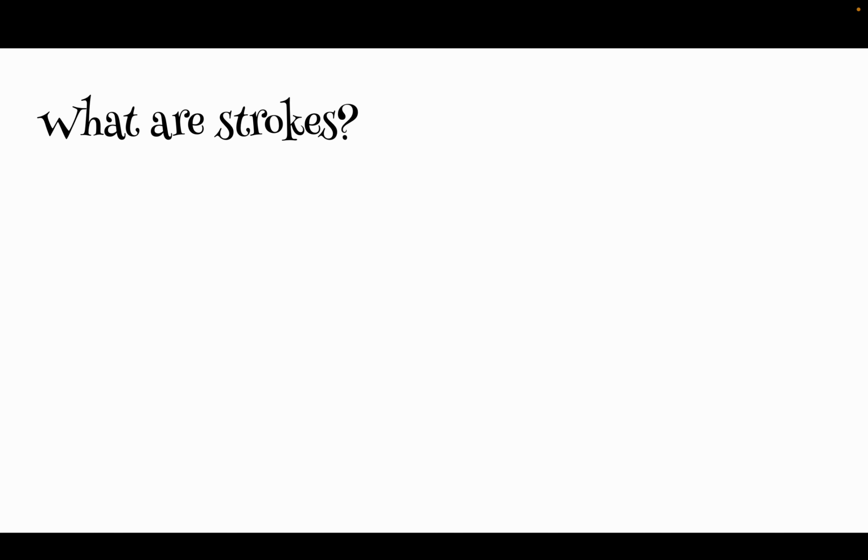As we mentioned before, Chinese characters are written using a series of lines called strokes. Characters were traditionally written using ink and a brush, so a stroke was a line that could be written without lifting up the brush.